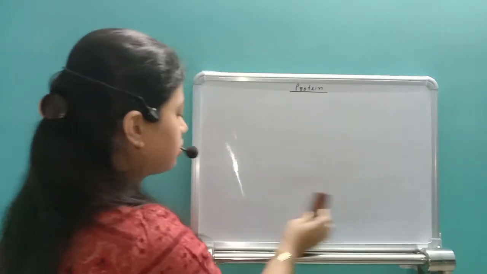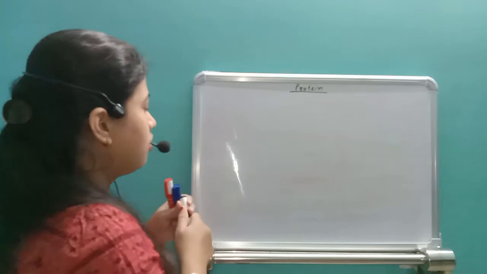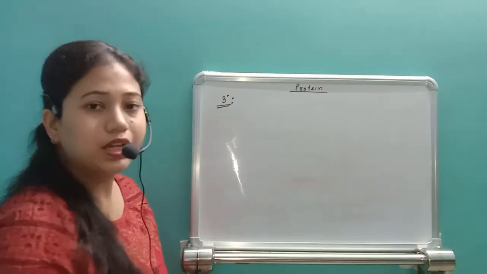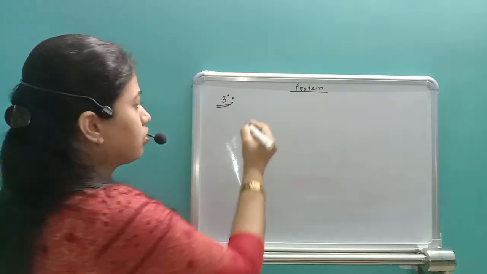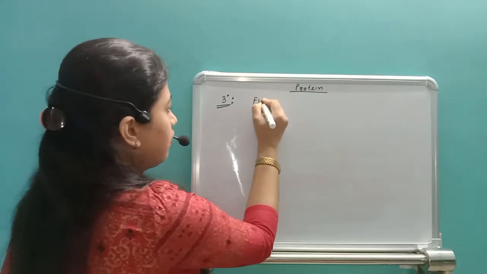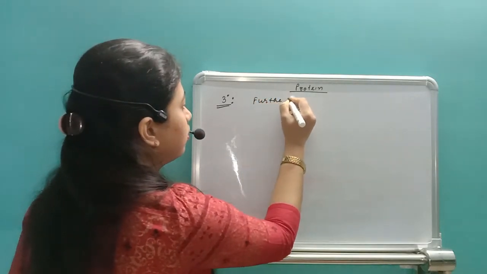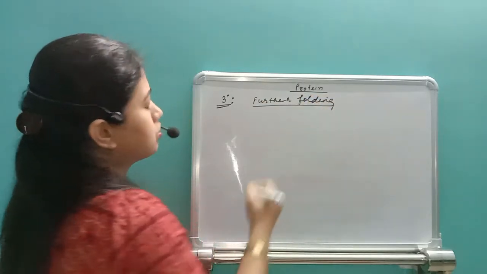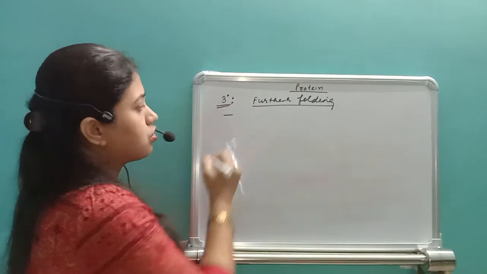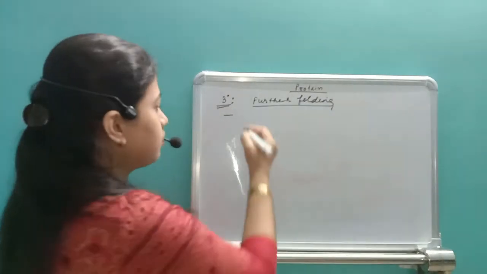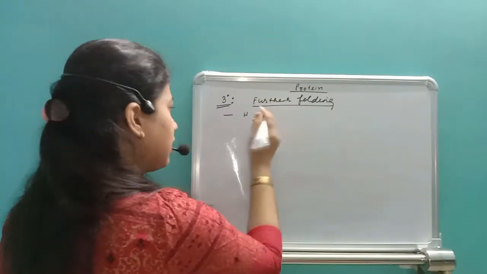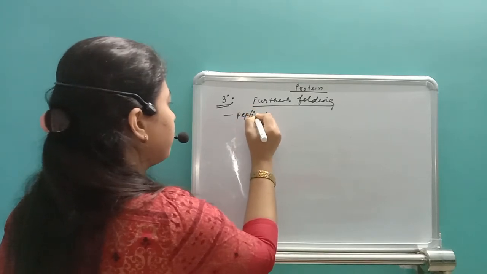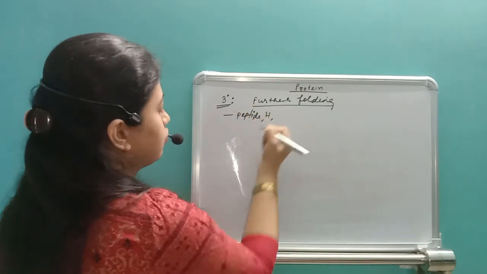So what is the tertiary structure now? If further folding occurs, then it will be called a tertiary structure. In this tertiary structure, what type of bonds can we see? We can see hydrogen bond. First of all, the skeleton will be formed by the peptide, then hydrogen bond.